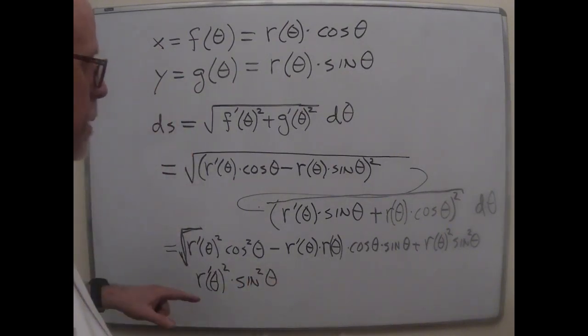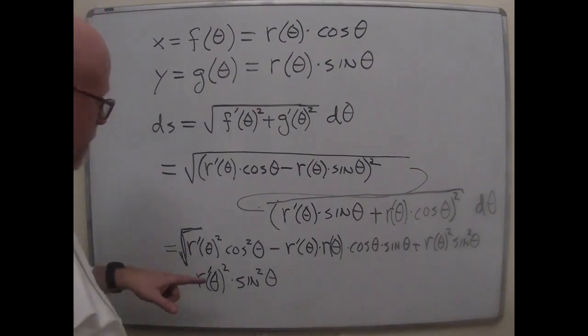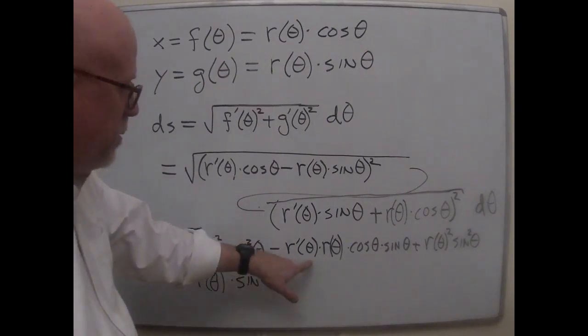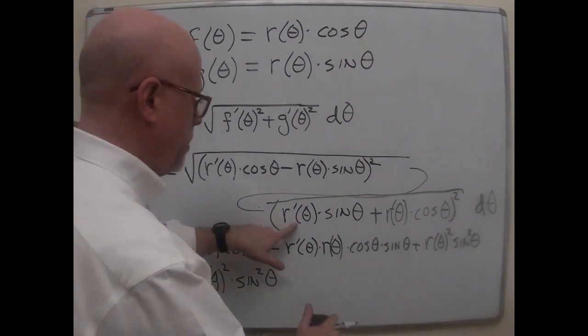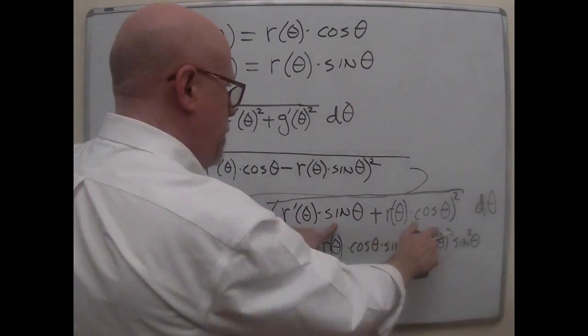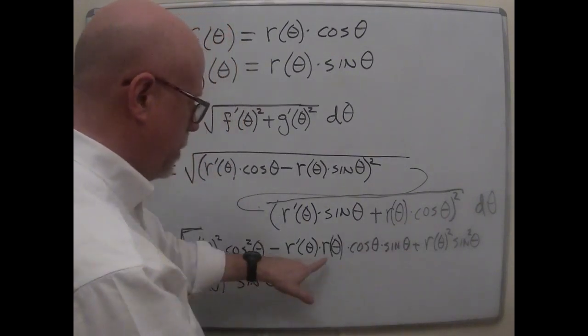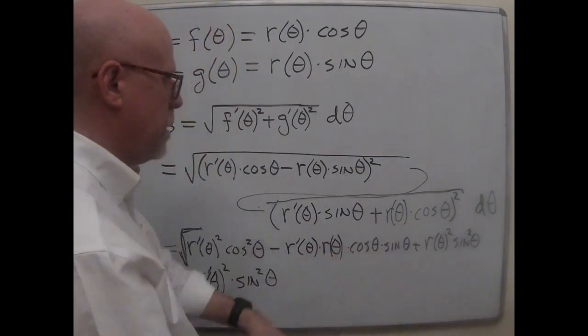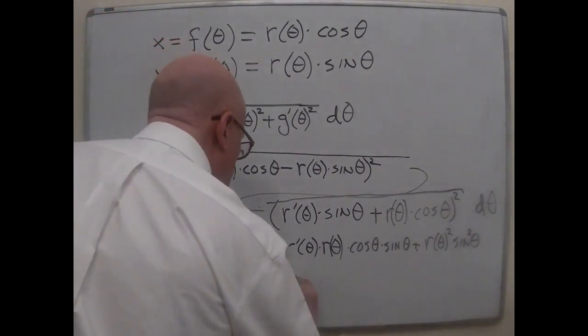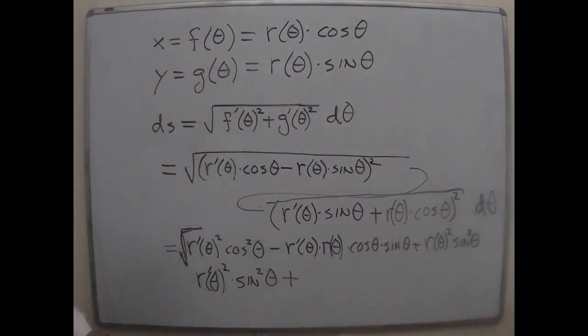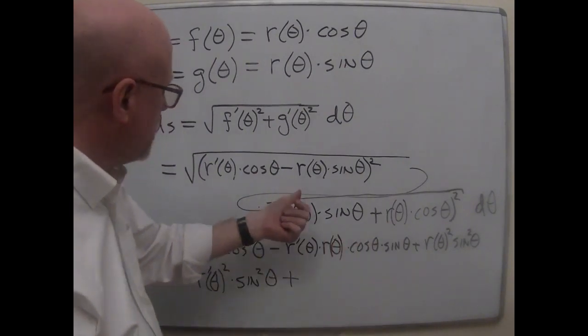Outer times outer and inner times inner are very similar to what they were up above. Similar? No, they're the same, aren't they? It's r prime times r times sine theta times cos theta. Except this time it's with a plus sign, right? Because we don't have one of these positive and one of them negative.